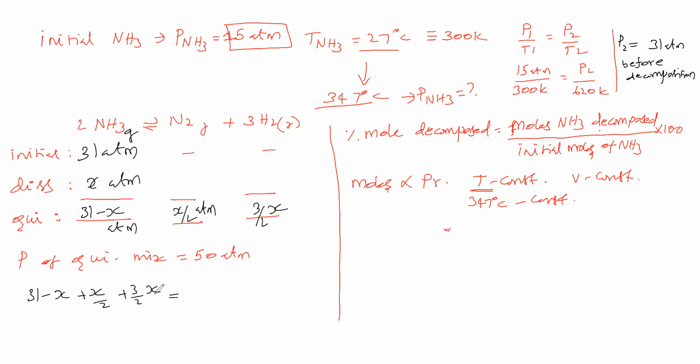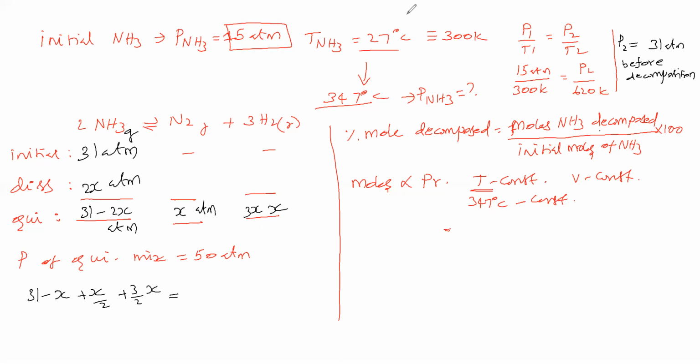We can take it in another manner also. Better we will take 2x atmosphere. If we take 2x atmosphere, 31 minus 2x we can write here, here we can write x atmosphere, and here 3x atmosphere. Now you see total.